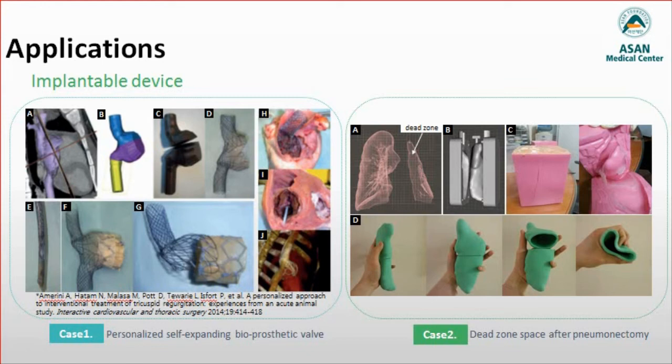Case 2 shows a pilot study to develop a patient-specific soft implant for filling a dead space of the lung after pneumonectomy. From the CT data, the volume of the dead space was three-dimensionally reconstructed.